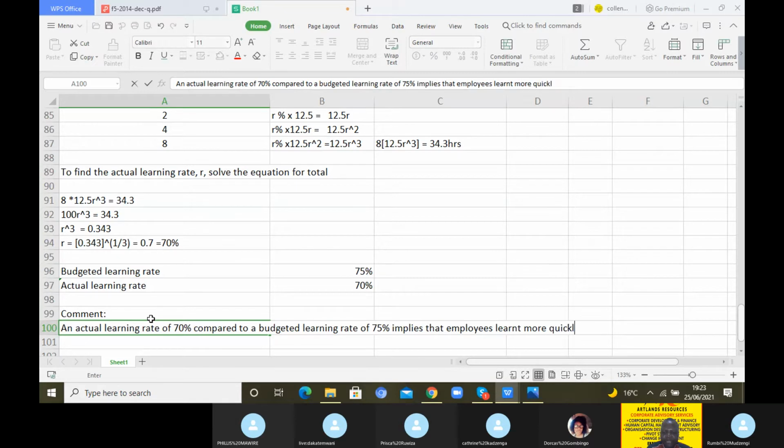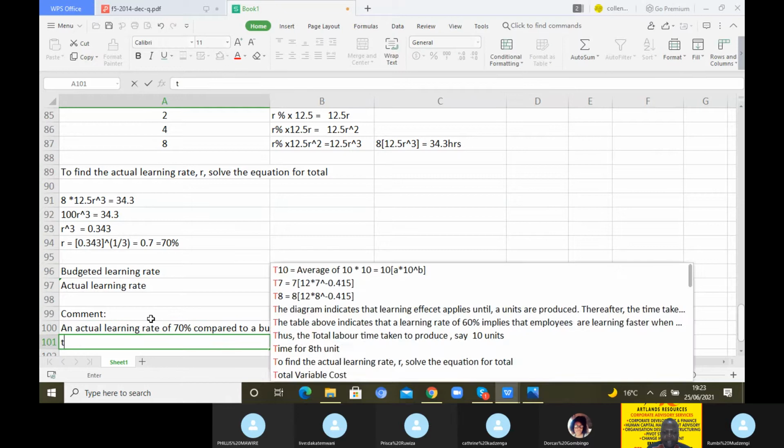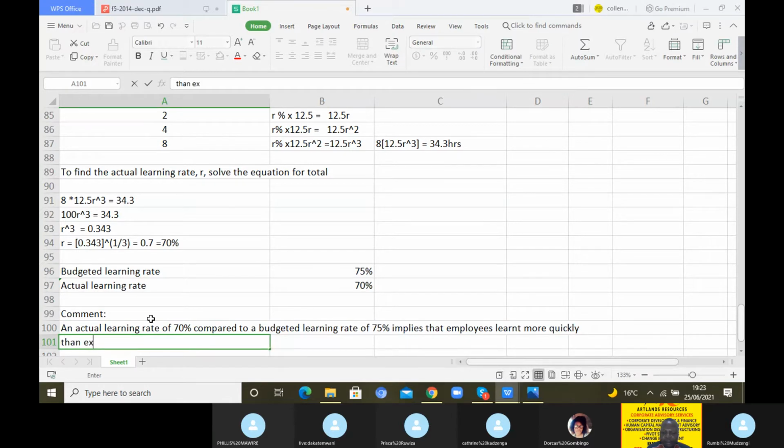It implies that employees learned more quickly than expected. Simple.